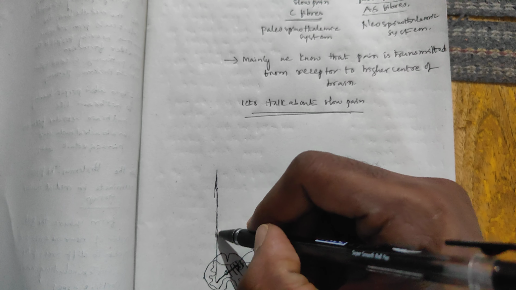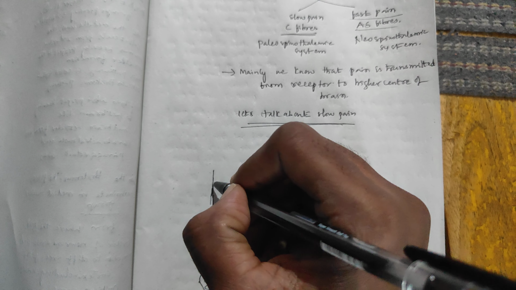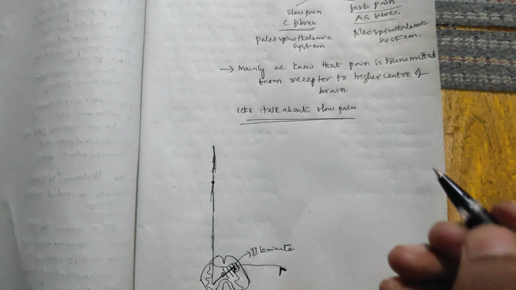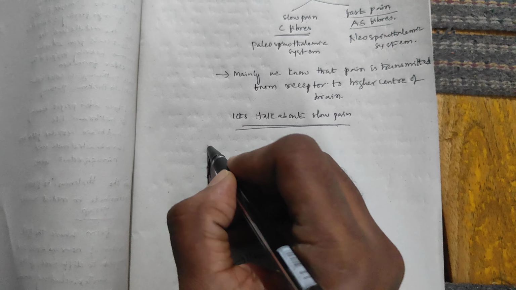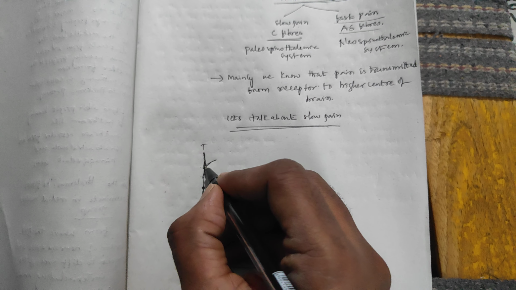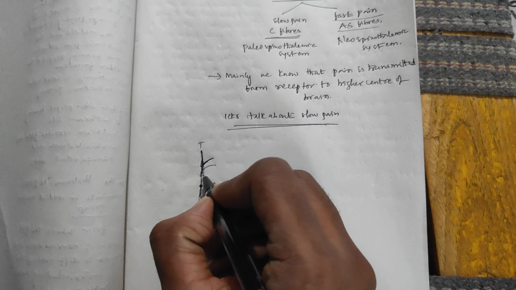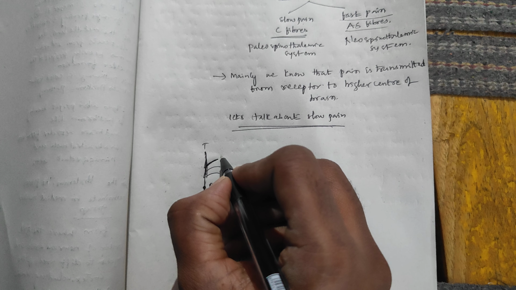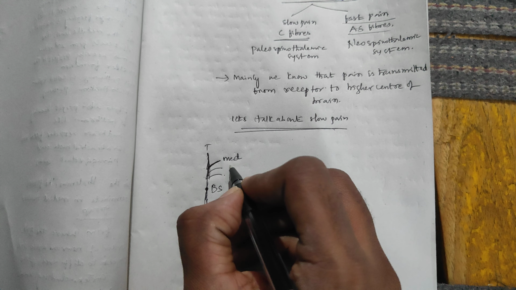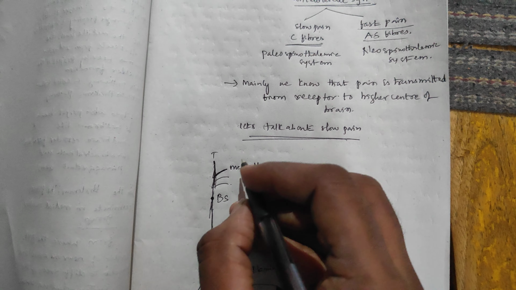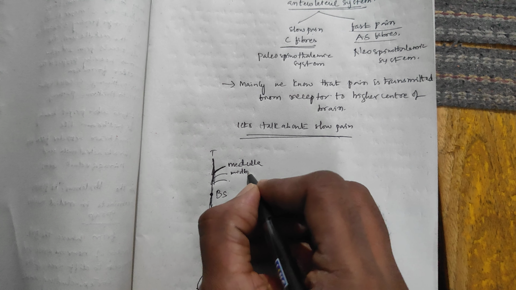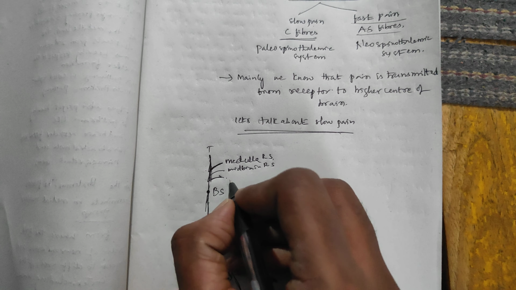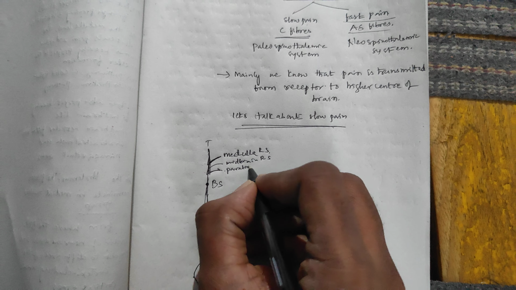When it is passing from the brainstem to the thalamus, it gives some collaterals to the medulla reticular system, the midbrain reticular system, and it also gives to the parabrachial system.